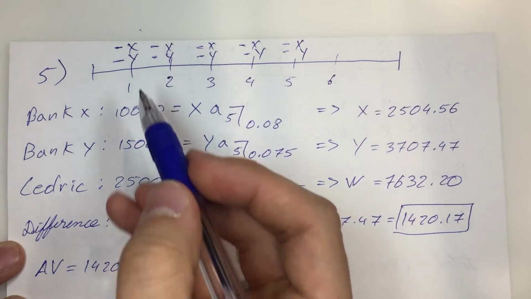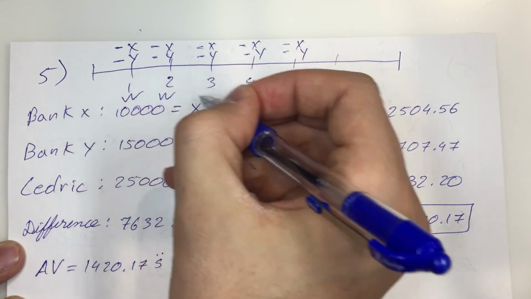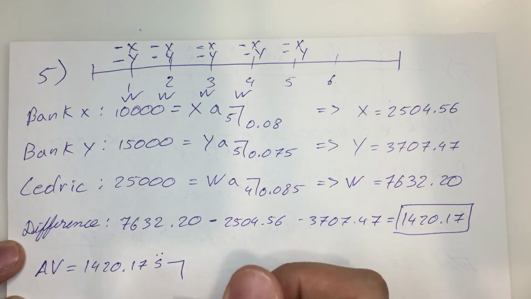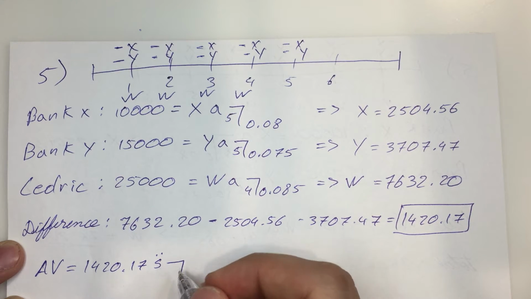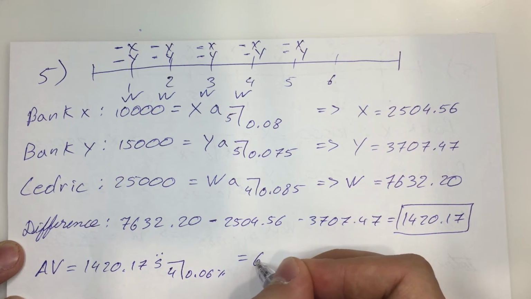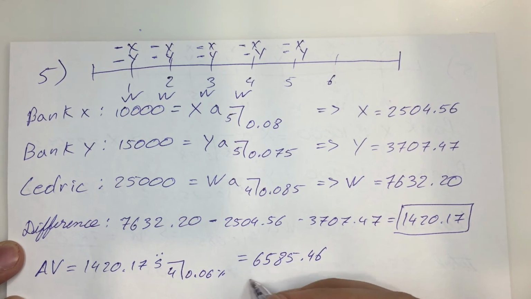However, this annual difference only happens for the first 4 years, right, where W comes in. So we do an s double dot angle 4 at 6%, and this gives us $6,585.46.